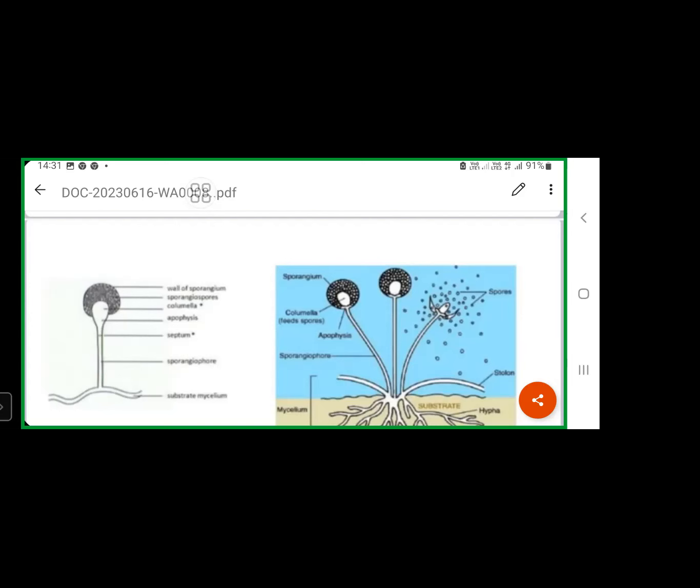So Mucor has one special ability, switching between the yeast-like state and the filamentous state. Because of this ability, Mucor is described as a dimorphic fungus. Why is it called a dimorphic fungus? Because it has the ability to switch between two different states. One state is the filamentous state, which is the common state.